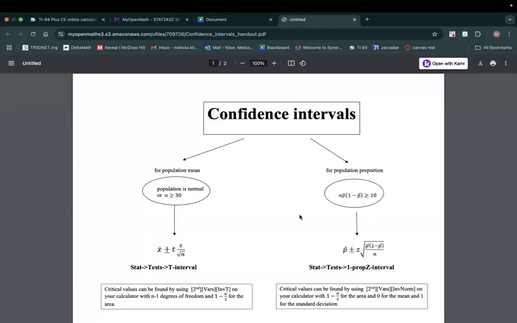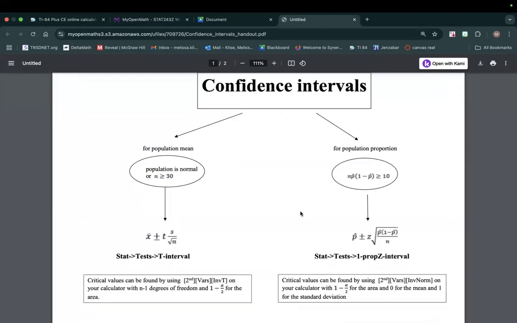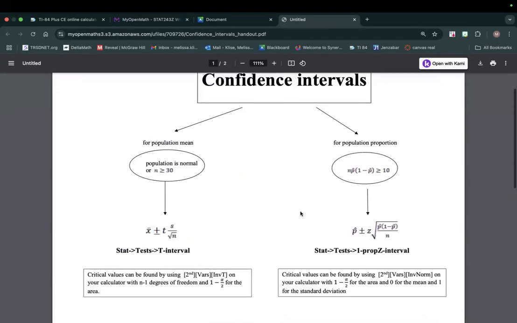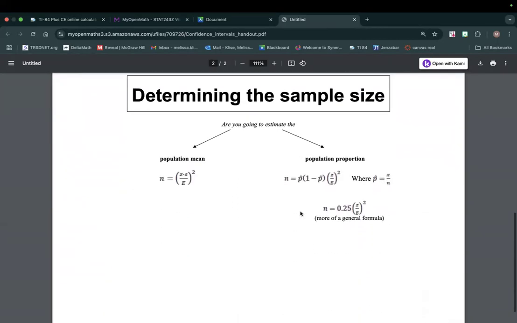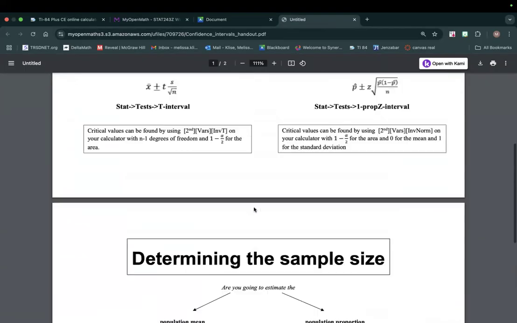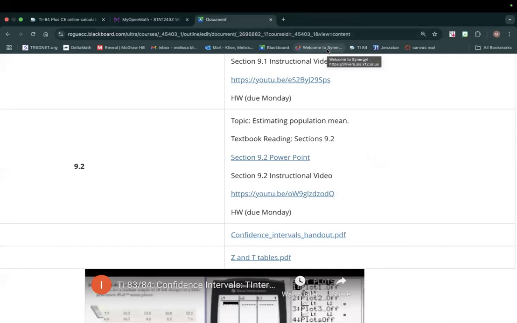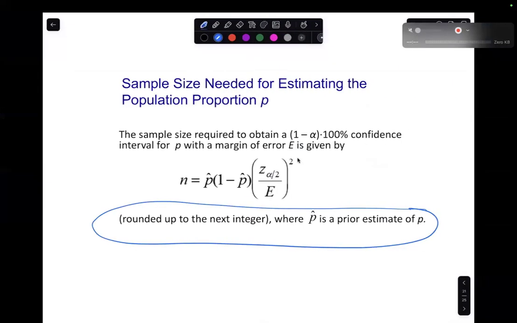When you click on it, this is going to give you both today's and Thursday's information, and it breaks it all down for you, except it doesn't do the sample size. So if you print this, oh no, here it is on the second page. This is the sample size stuff. They're both here. If you print them out, you can write your own notes on top of it. And also on the last slide on Thursday, I go over it again and tell you the difference between the two things. So I've got your back.